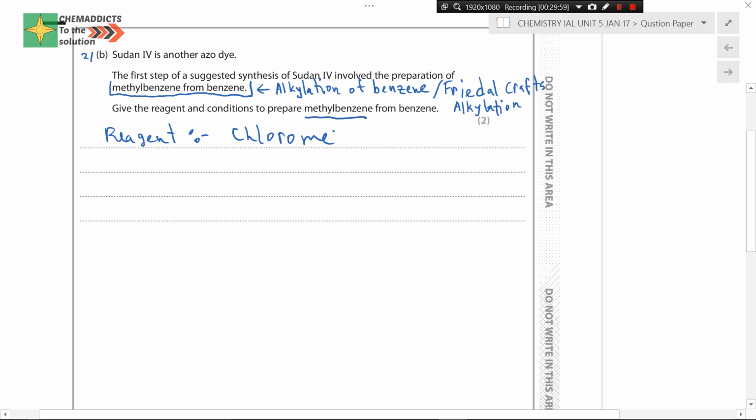Since we need to prepare methylbenzene, we are going to need chloromethane as the reagent. And what is the condition? The condition is using anhydrous aluminium chloride, AlCl3. Okay, so why anhydrous?